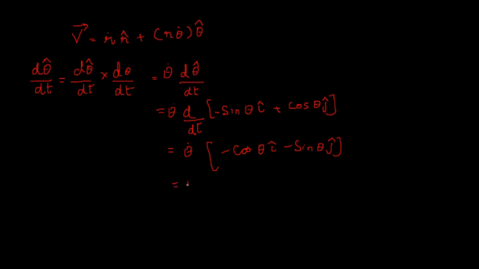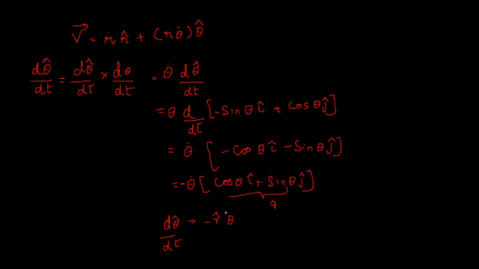So this would be theta dot into minus, taking common, cos theta i cap plus sin theta j cap. Right? If you look into this, this is our r cap. So d theta cap by dt will be minus r cap into theta dot.